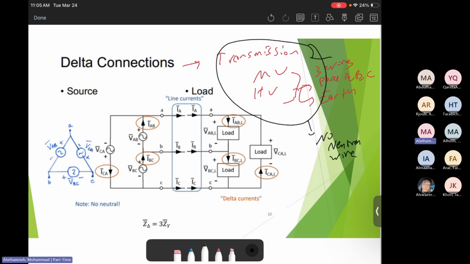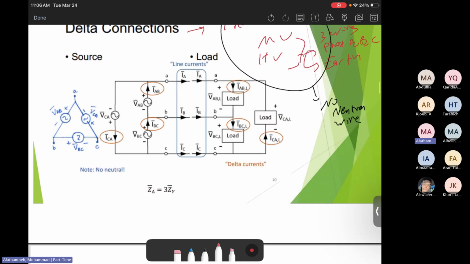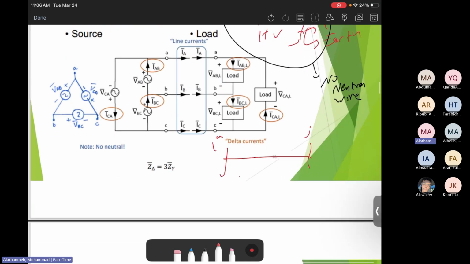And neutral, this is even in transmission and sub-transmission. So no matter if you are in sub-transmission, there is no neutral wire. Keep this in mind. This is very important. Why is there no neutral? Because when you are transmitting the power from substation I to substation J, there is no intermediate load in the middle, and assume the three-phase system is balanced.